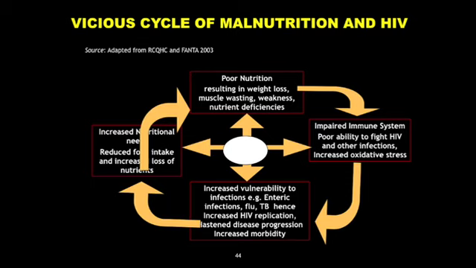When you have HIV, it leads to poor nutrition, and the poor nutrition leads to impaired immunity, which causes increased vulnerability to infection, which increases nutrition needs, which leads to poor nutrition, and the cycle continues, with HIV at the center causing any of those, because HIV per se will cause poor nutrition, impaired immunity, increased vulnerability to infection, and increased nutritional needs. So that is the picture of that vicious cycle of malnutrition and HIV.